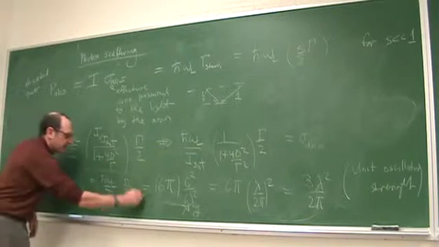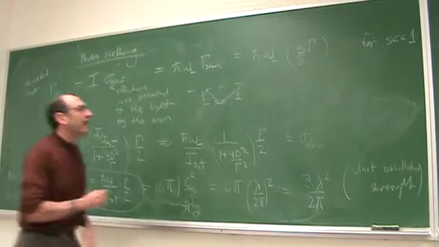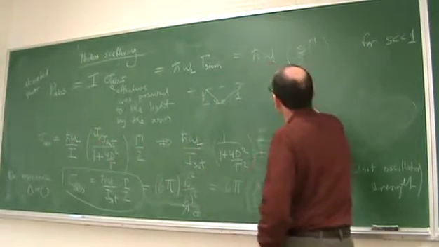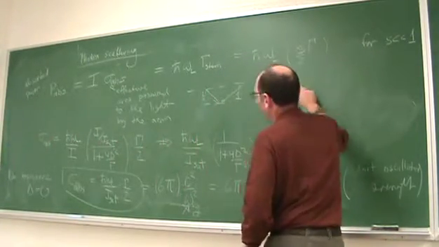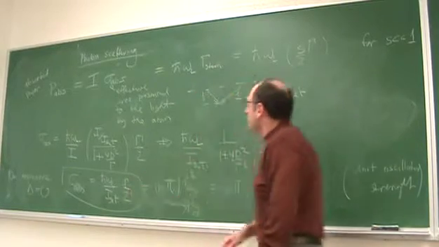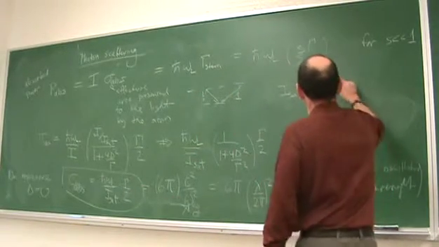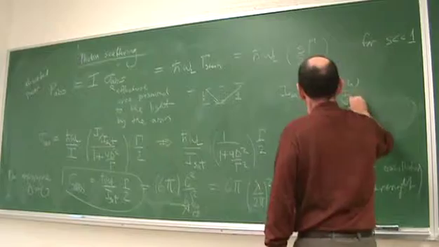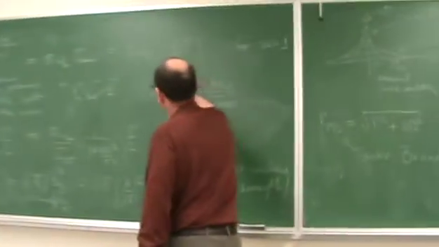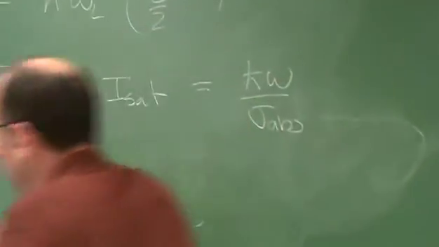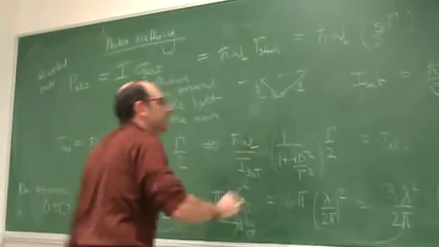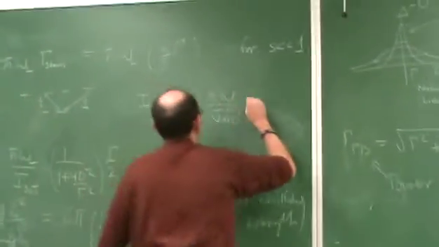Instead of writing out that complicated expression, if I solve this equation for the saturation intensity, then the saturation intensity on resonance, let me call this 0 to emphasize that this is on resonance, is equal to the resonant photon energy times the rate divided by the cross-section.